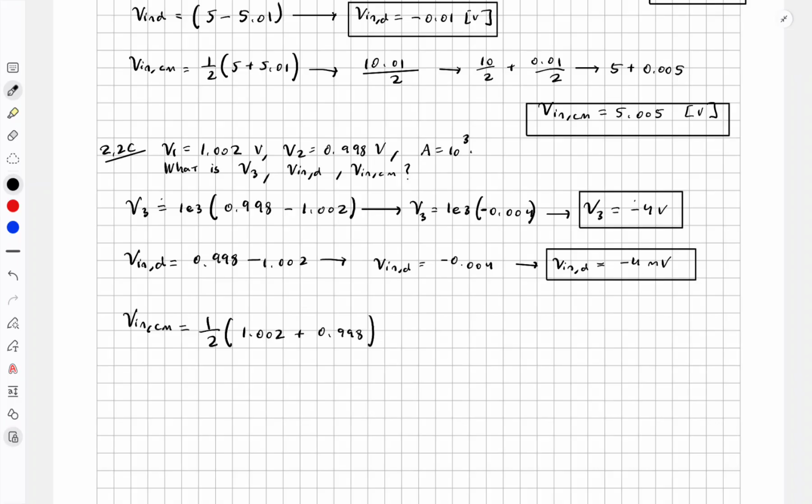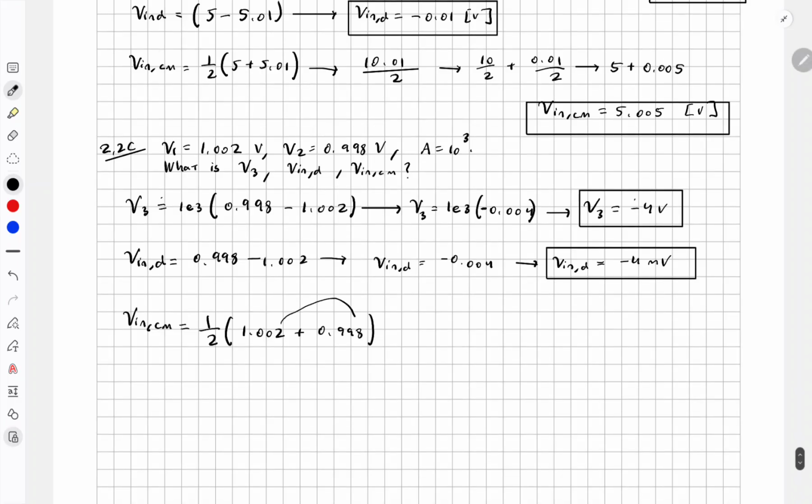Okay, so that adds to 1 plus 1 is 2. So V in CM is equal to 1/2 times 2, so V in CM is equal to 1 volt. So common mode input is 1 volt.